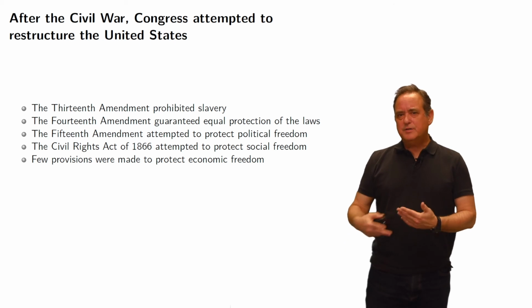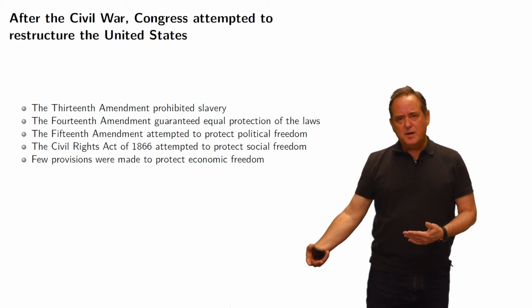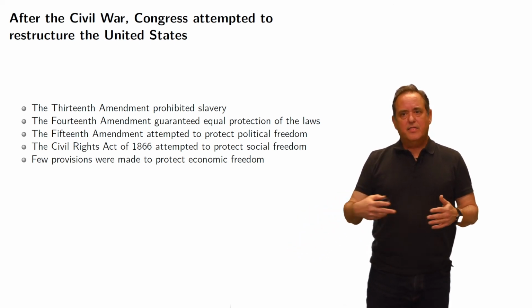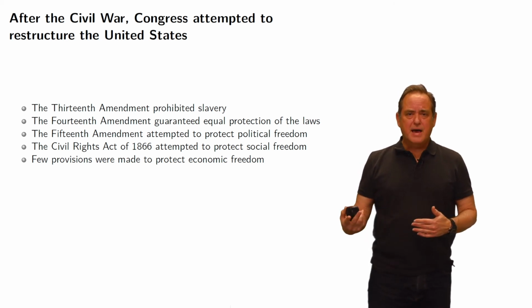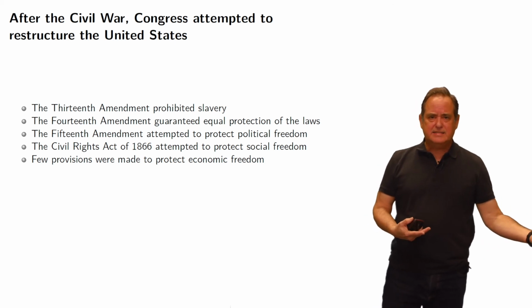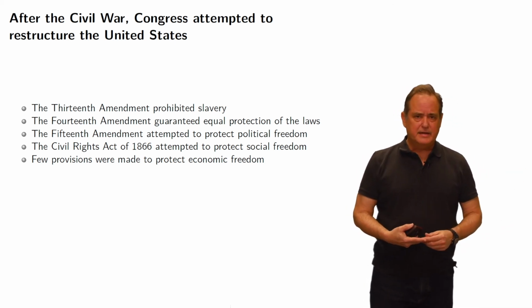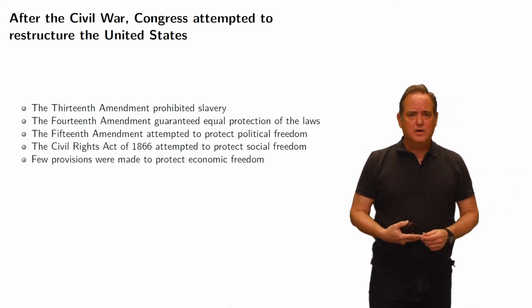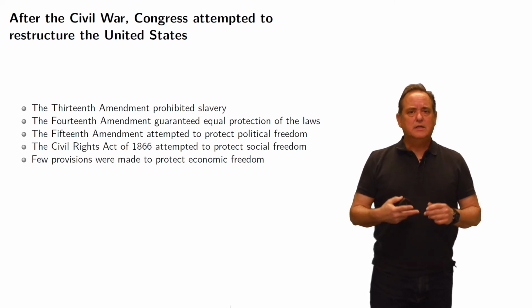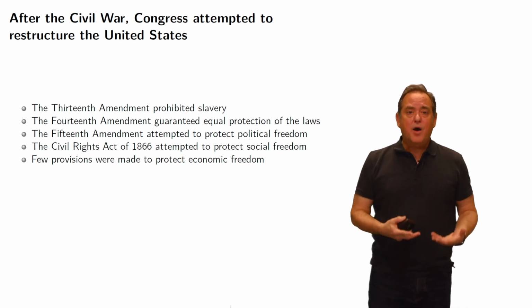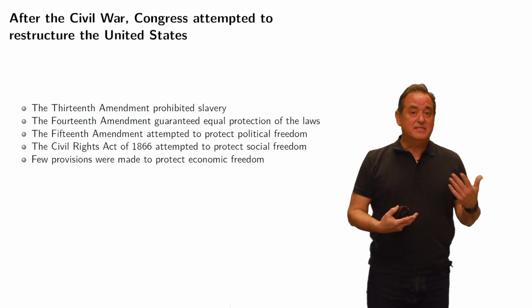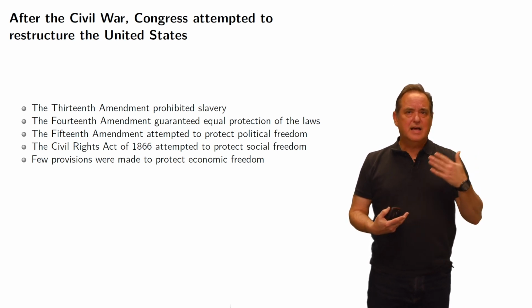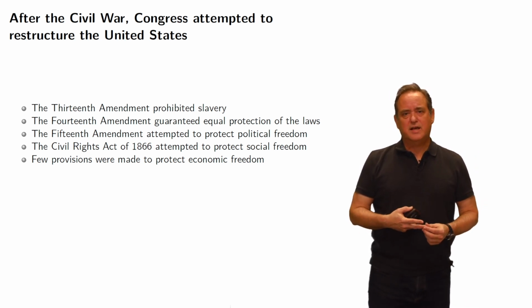Unless people are allowed to participate in the economy of the country, then it doesn't matter that we're going to give them the right to vote, or it doesn't matter that we give them rights that say that they can use whatever restaurant they want or buy whatever house they want, because we have to empower these people economically. And that was the thing that Congress missed in their attempt to restructure the United States.